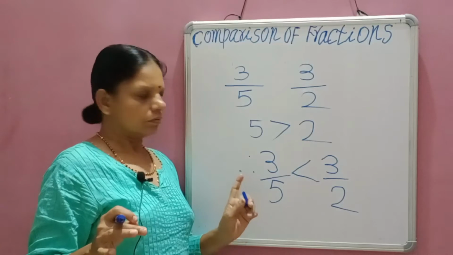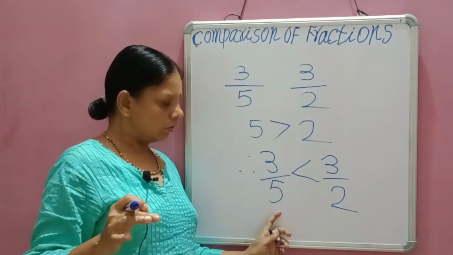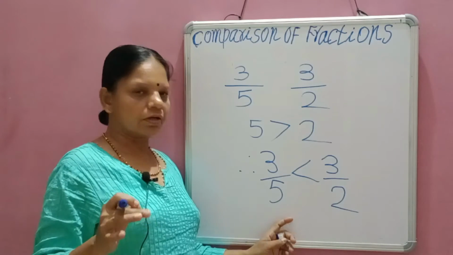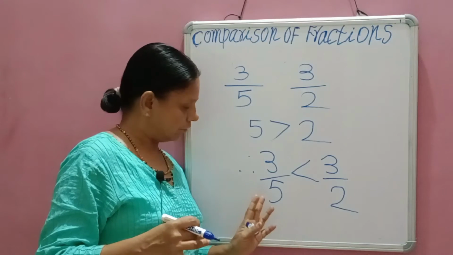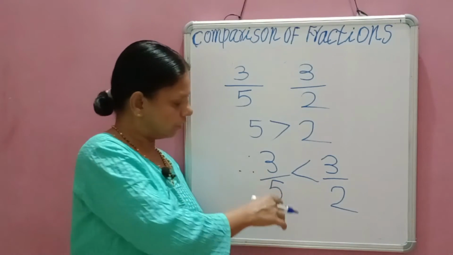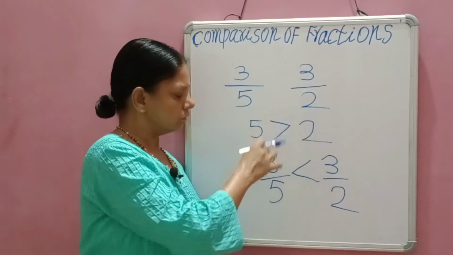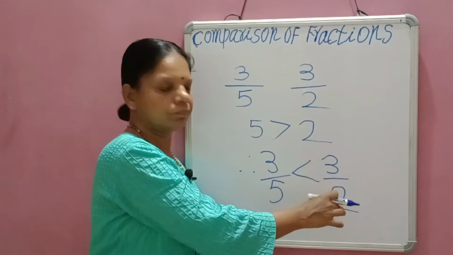But when the numerators are same, we have to compare the denominators and the result will be reversed. If higher denominator, smaller value of the fraction. So 5 is greater than 2. Therefore 3 upon 5 is smaller than 3 upon 2.